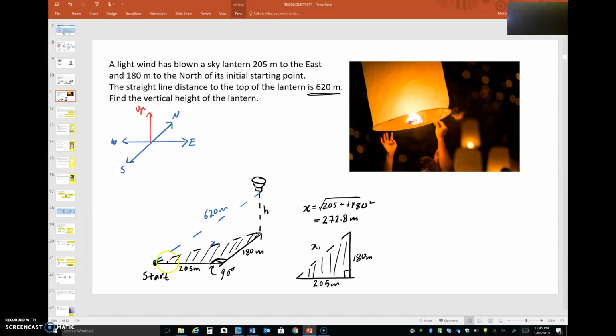Okay, so now, because the sky lantern's directly above this spot here, that's also a right angle. So we've got yet another right angle triangle, which I'll draw.